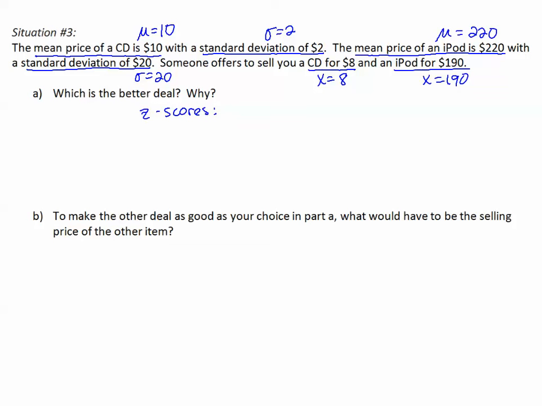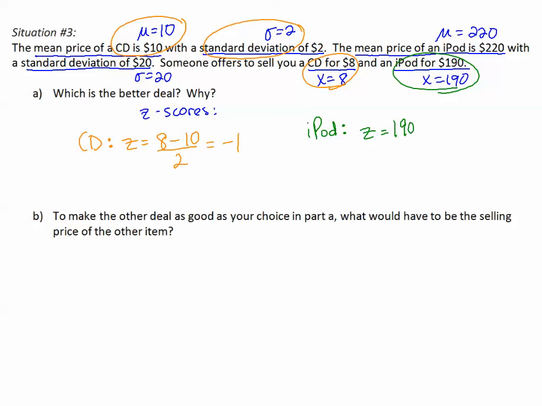For the CD, the z-score is the observation from the CD minus the mean from the CD divided by the standard deviation from the CDs, and that makes -1. For the iPod, the z-score is the observation minus the mean of the iPod divided by the standard deviation of the iPod.